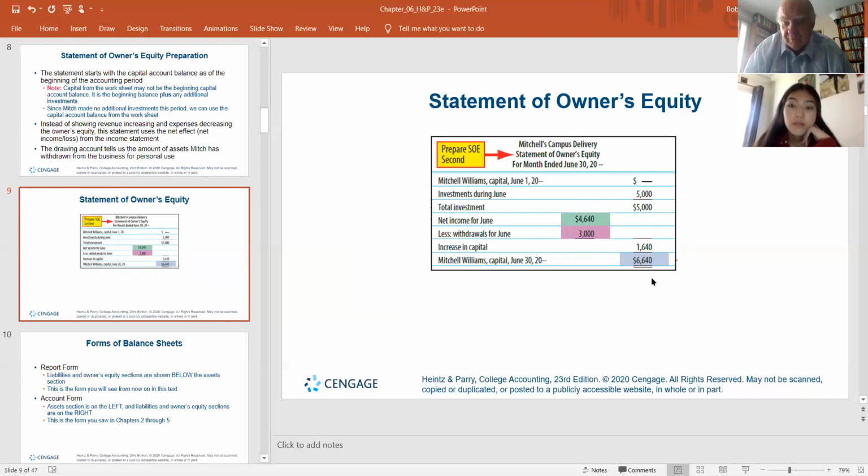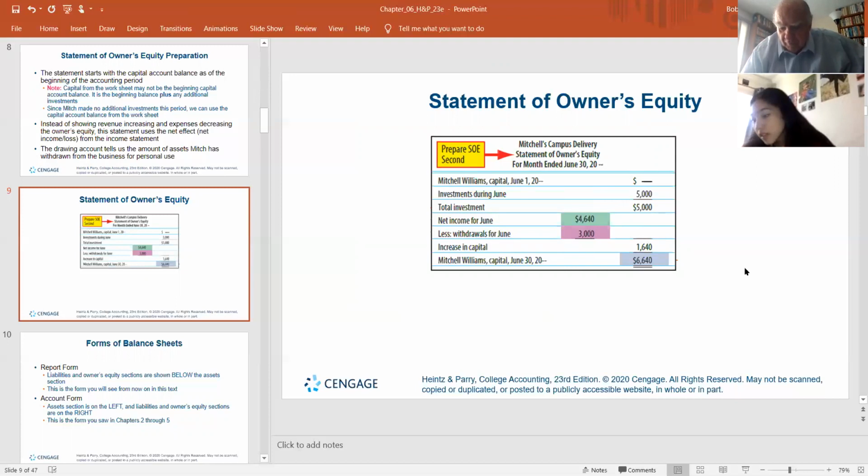Okay, you're pretty good with the equity statement, I'm pretty sure, right, Riley? I think so from what I can see on your work. Yeah, your beginning balance, which was in this case 0, plus 5,000, plus your income, minus the withdrawals or dividends. Now that we have, see that number there, that 1640?